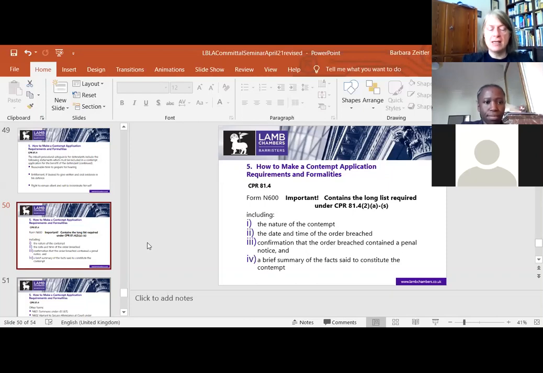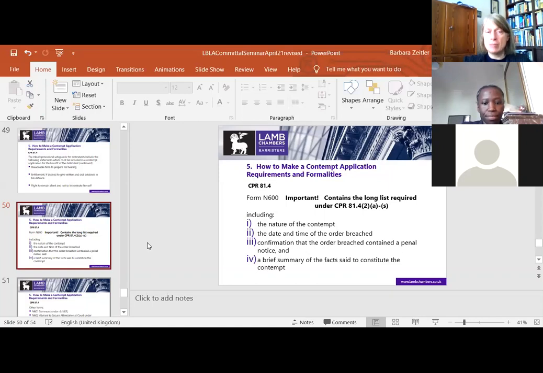Form N600 is actually quite a useful form to have, because it contains that very long list of requirements and formalities set out in subsections A to S under CPR 81.4, including, and I stress including, that's not the only requirements here, the nature of the contempt, the date and time the order was breached, confirmation that the order breached contained a penal notice, and among the requirements, a brief summary of the facts said to constitute the contempt.